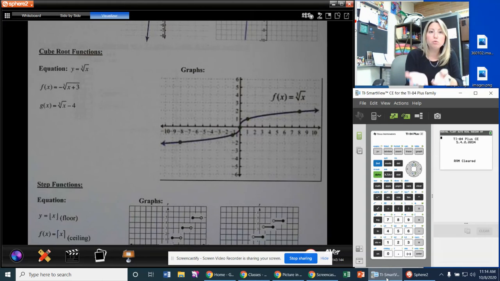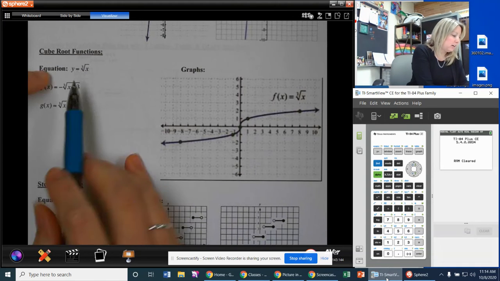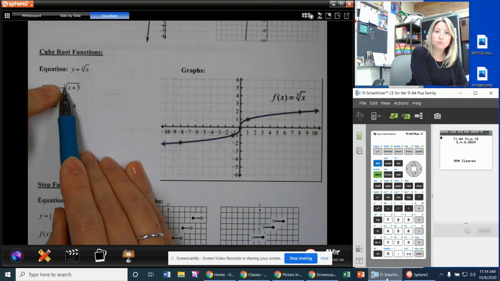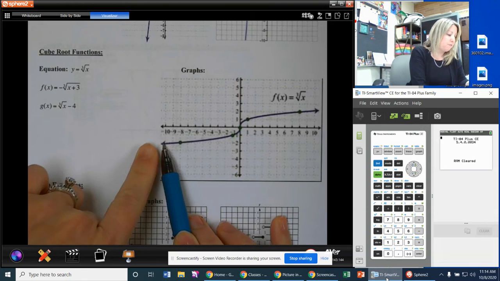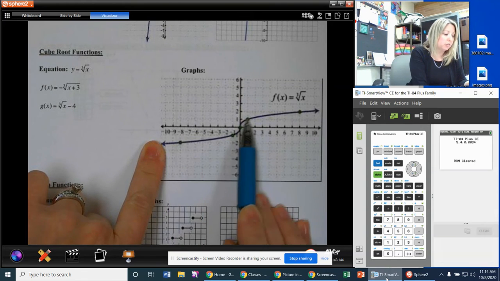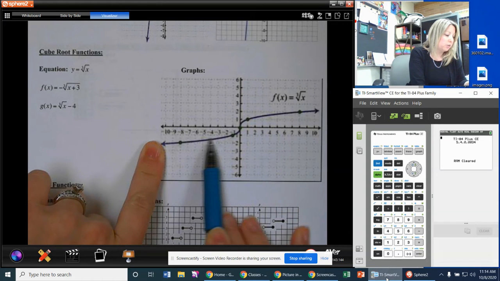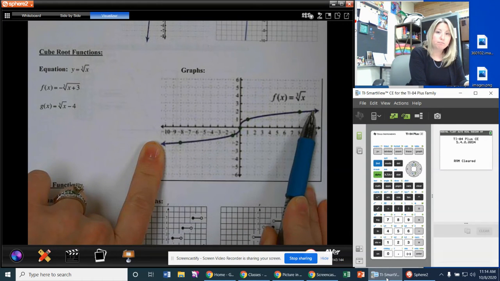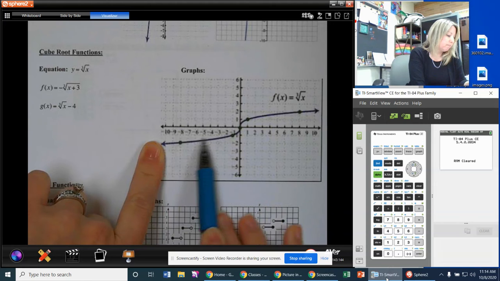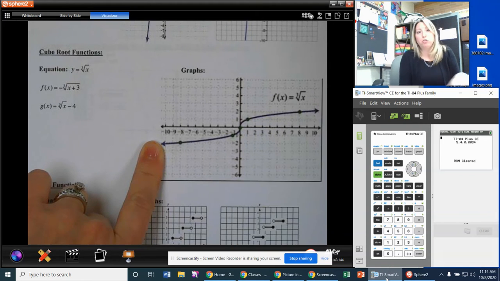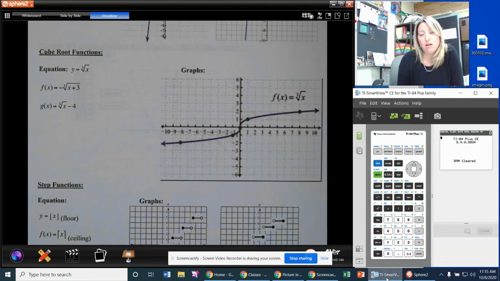With cube root functions, if x is under a radical that has a little index of 3 put on that radical, then it's going to form what I'm going to call a horizontal snake, right? So it does this little thing, just like that. You just have to be able to identify that and put it in your graphing calculator to graph it.